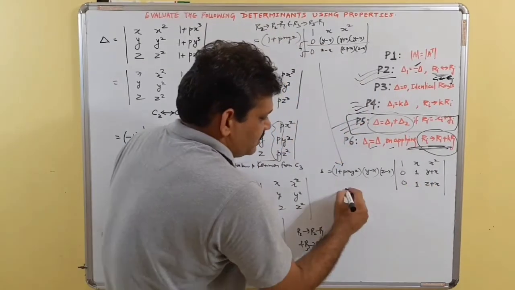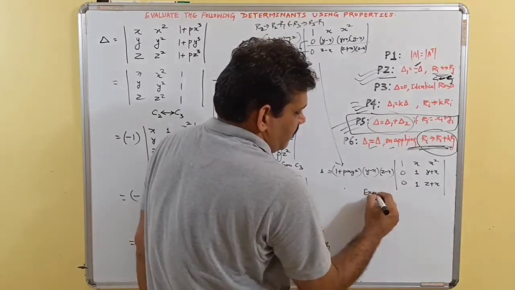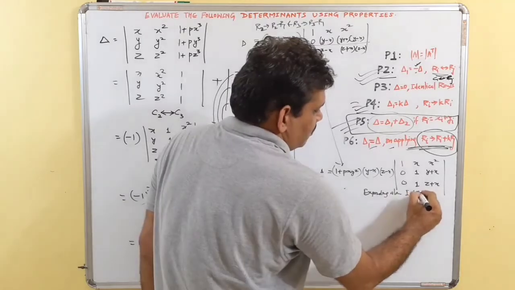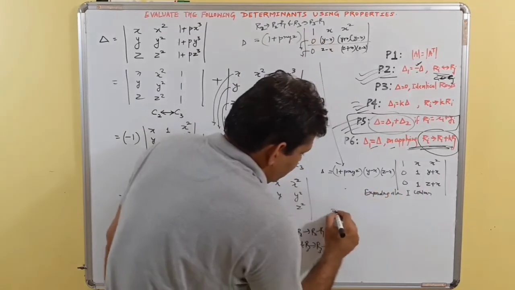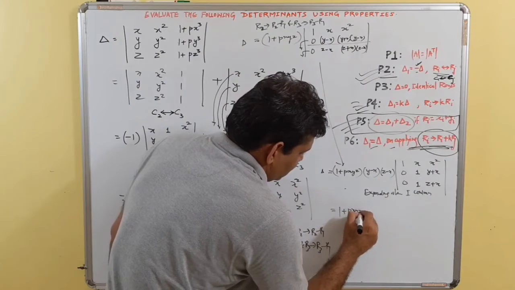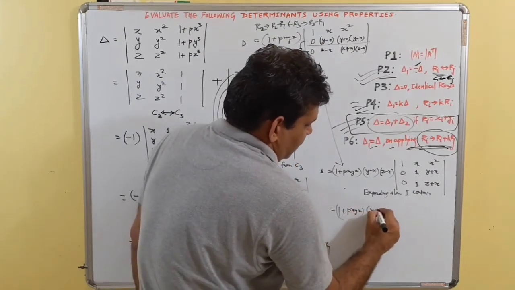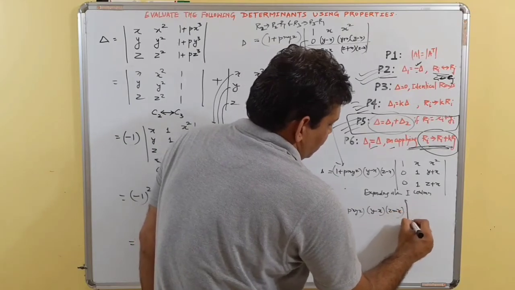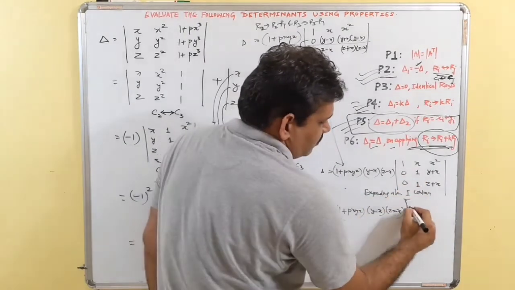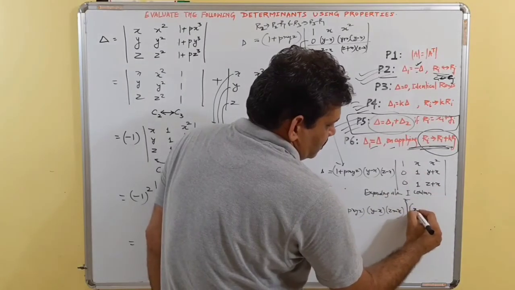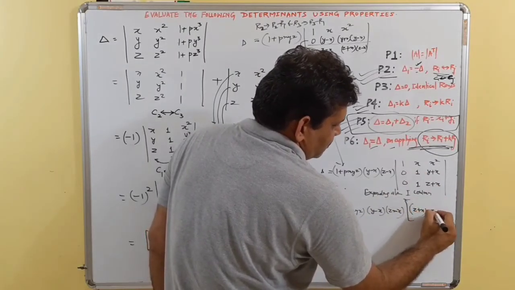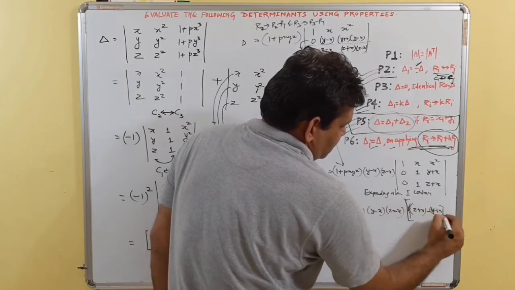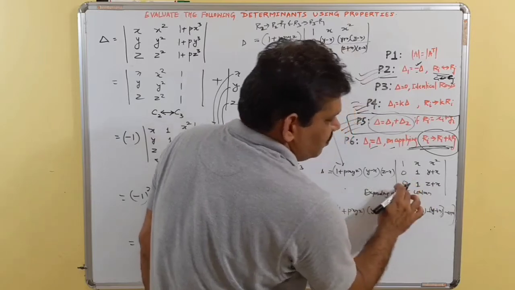Now expanding along the first column, we get 1 plus pxyz multiplied by y minus x multiplied by z minus x into, now the value is z plus x minus y plus x, 1 multiplied by this, minus 0 plus 0, minus 0 plus 0.